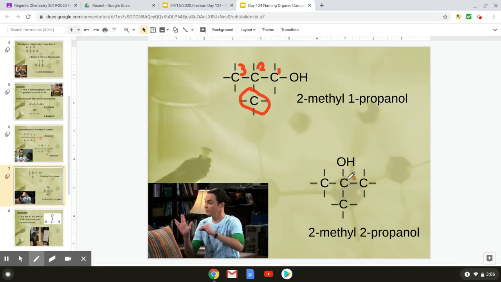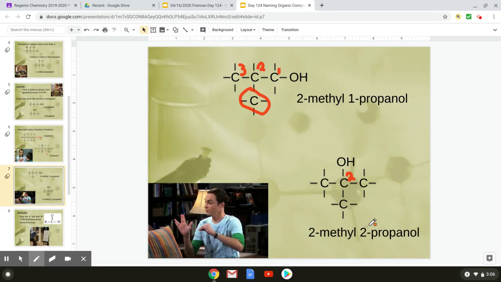Now, for the 4th isomer, take the alcohol off what was the side and put it in the middle, and now we have another isomer, same molecular formula, different structural formula. So we're moving things in how it looks. Now we have the alcohol group on the second carbon, and we have the methyl group on the second carbon.